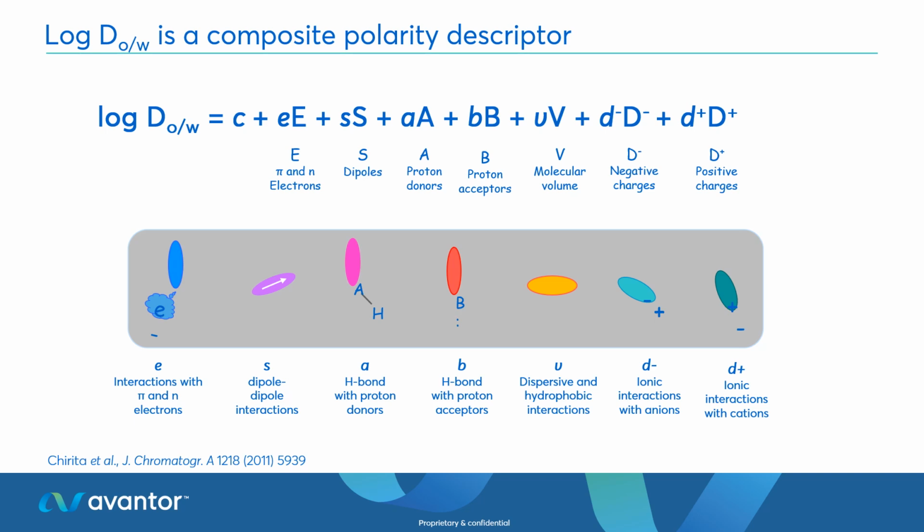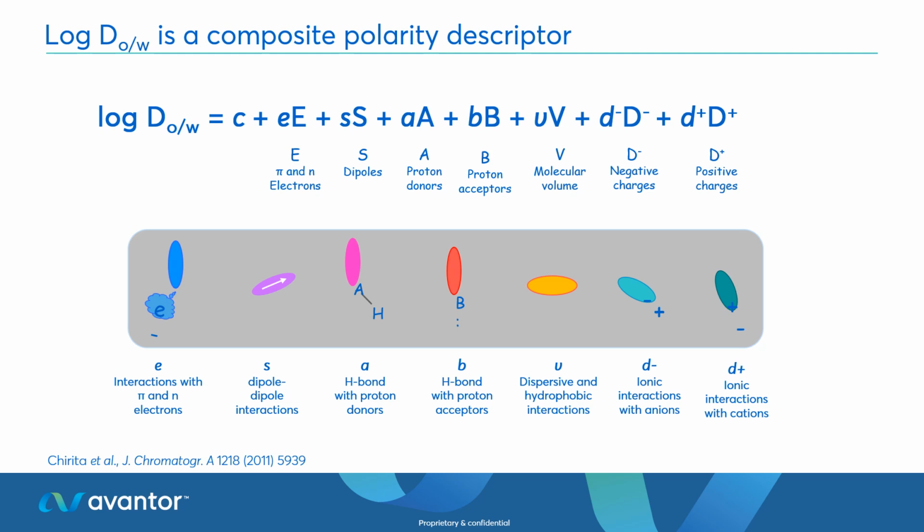We can look at individual properties of the molecule, which we can derive through basic principles, in order to gauge what type of interactions those individual components of the molecule will have, but also to gauge what the overall log distribution factor will be. This can help us in designing our chromatography, but also potentially identifying any issues going forward.